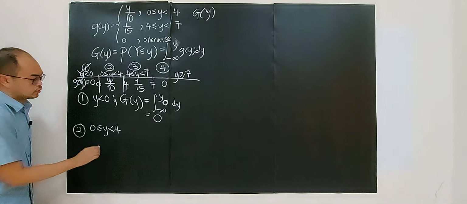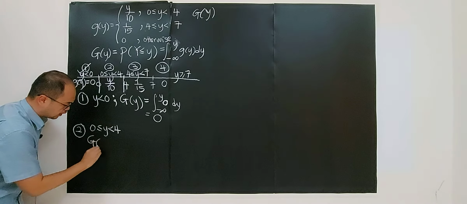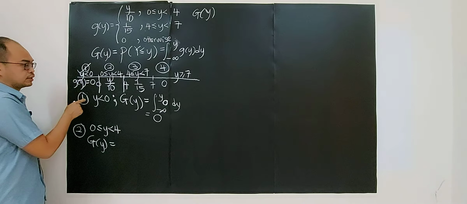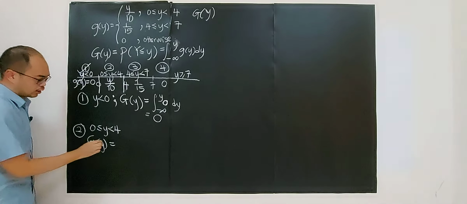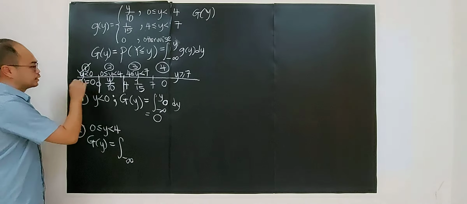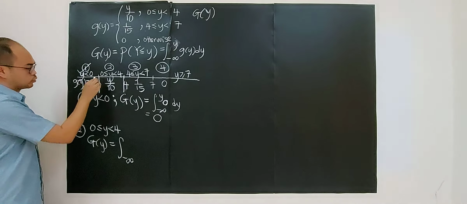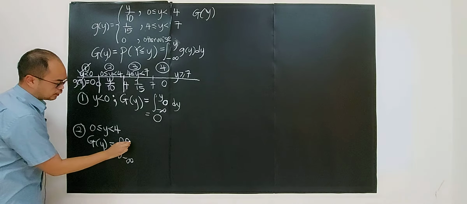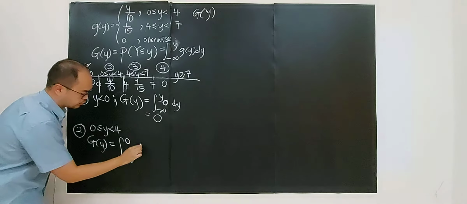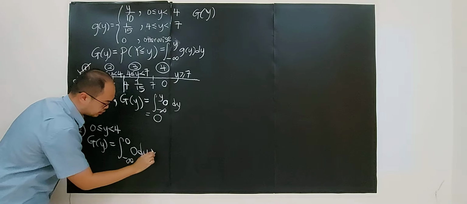Try to see the pattern. I start with the first interval, where I put a tick, which means it has already passed through negative infinity up to 0, where the density function is 0 dy.